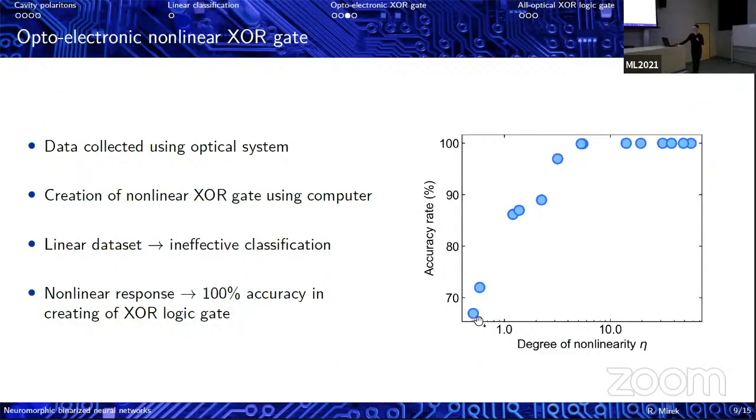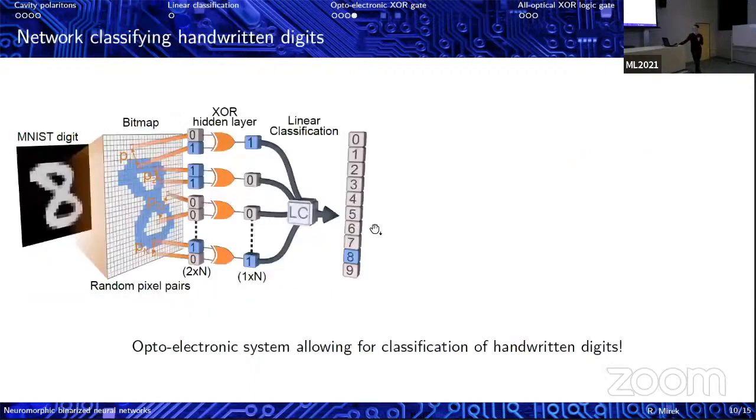We did it for many different systems with many different degrees of nonlinearity. And we saw that when the degree of nonlinearity is above 5, we obtain 100% accuracy rate in constructing the XOR gate.